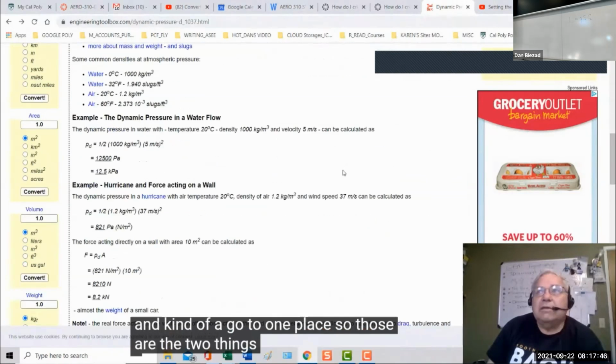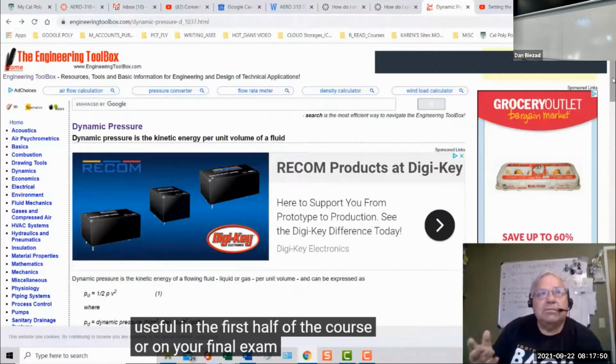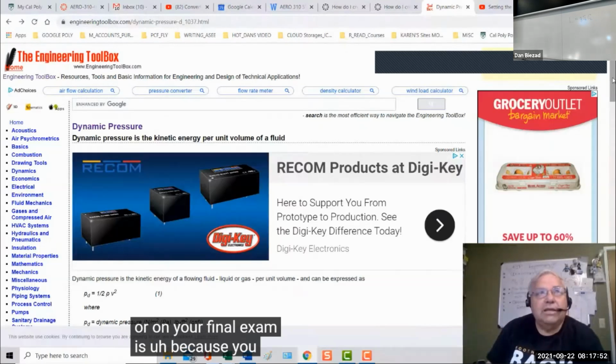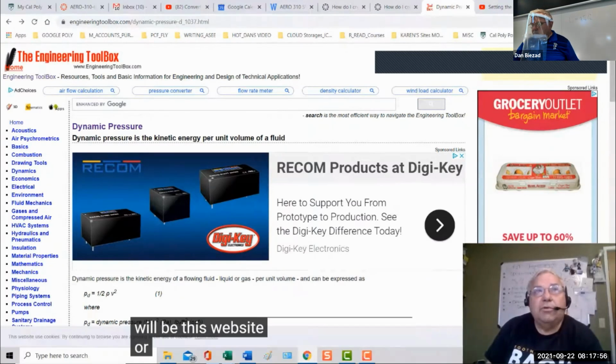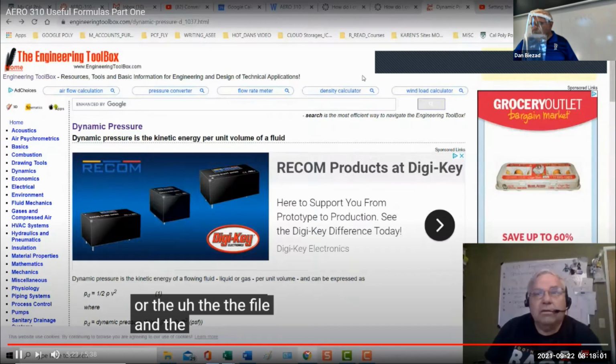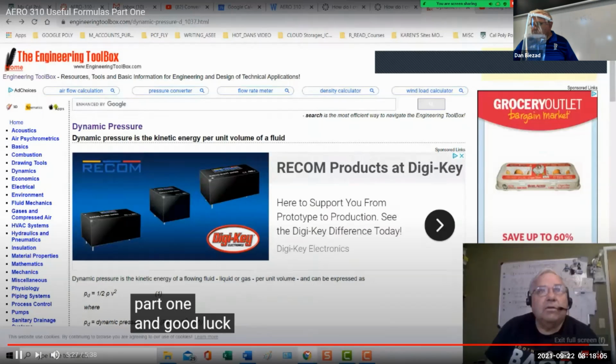So those are the 2 things I wanted to present to you that might be useful in the first half of the course or on your final exam, because this will be open book, will be this website or the file, and the file is called Useful Formulas Part 1. And good luck with that.